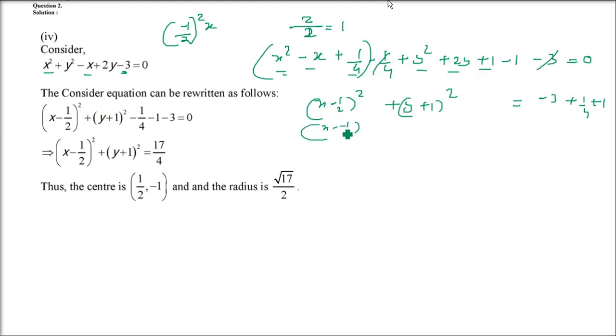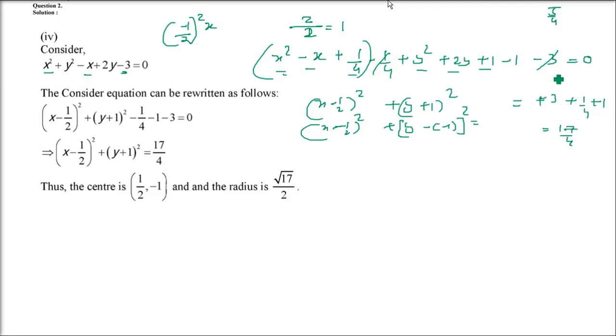So you have minus half, already minus is there. You can write it as minus of minus 1 whole square. And this is going to be plus 3. So 1 plus 1 by 4 is 5 by 4, 5 by 4 plus 3 is 17 by 4. So you get 17 by 4 on the right hand side, and you already have the h and k on the left hand side.